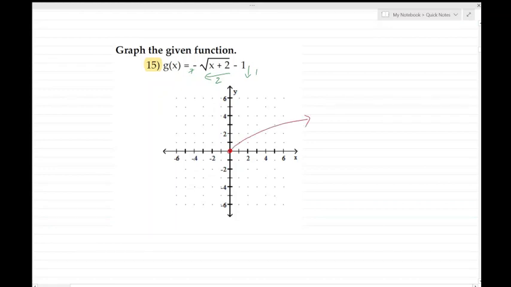It starts at 0, and then it goes all the way to the right. Let's think. It moves to the left 2 units, and then downwards 1 unit. So it'll be over here. And then since it's been reflected over the x-axis, it's going to look something like that, right? It just kind of opens downwards, but it goes in the same direction to the right, okay?